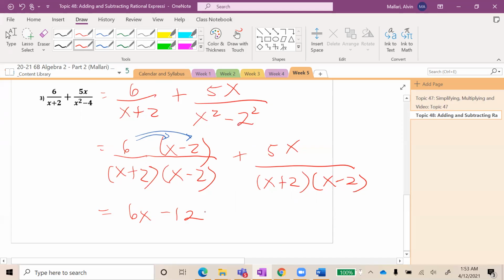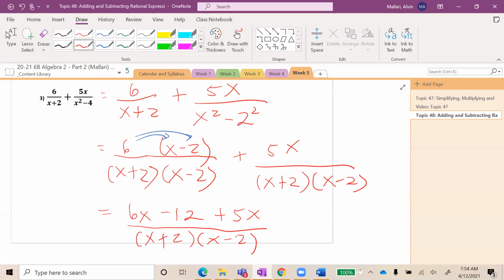And then here, remember we have 5x in the second group. So that would then be plus 5x, all over the LCD of x plus 2, x minus 2.